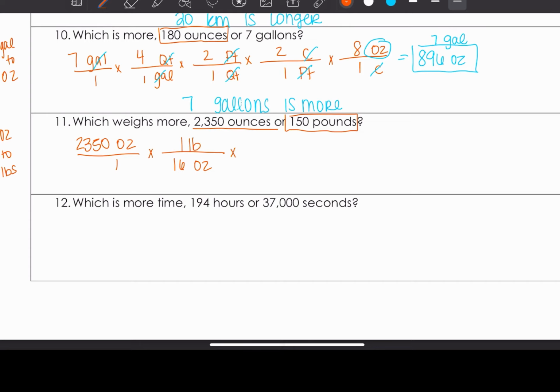And that's the only thing we have to do for this conversion to change to pounds. When we multiply that out, we get 146.88. And remember, this is the same thing as 2,350 ounces. So 150 pounds weighs more.